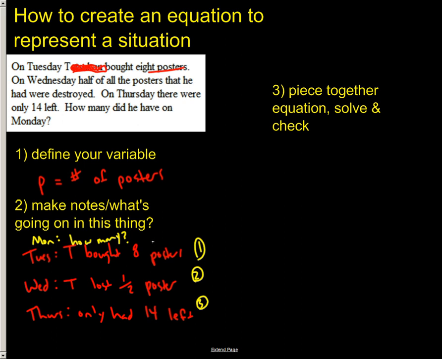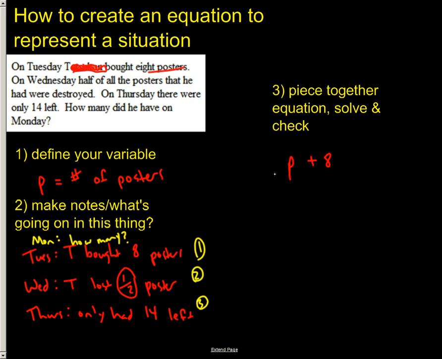So basically this P right here is how many he had to start with, then he added 8 to them, lost half of all of them, and then he only had 14 left over. This is a very tricky thing though. How can I show that on Tuesday he had the amount of posters he had and then added 8 to it, and then somehow I've got to divide this whole thing by 2 to show that he lost half of it?